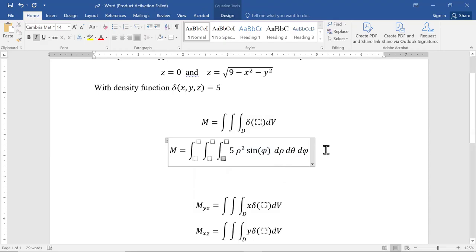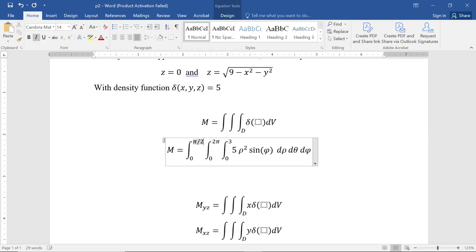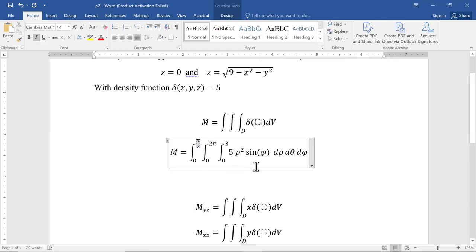For the top half of the sphere, rho goes from 0 to 3, theta goes from 0 to 2 pi, and phi goes from 0 to pi over 2, because once you hit pi over 2, that's where you hit the xy plane.